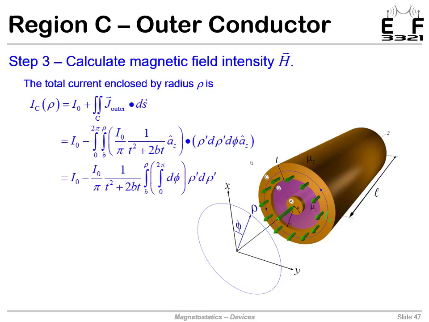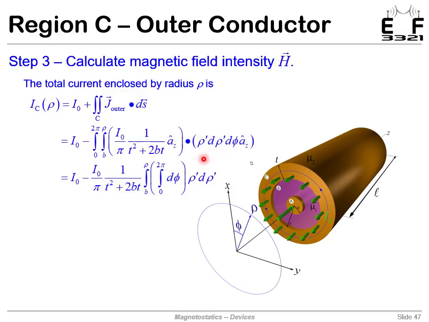So I always like to bring as many constants to the outside as possible. So this entire expression is neither a function of rho nor phi and can come to the outside. Then we have an a_z dot a_z, which just becomes 1, and we're really left with this expression inside the double integral.